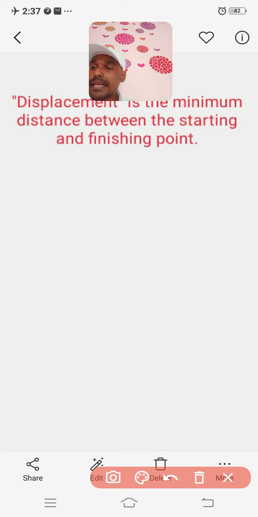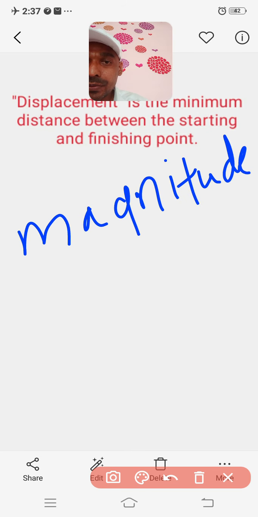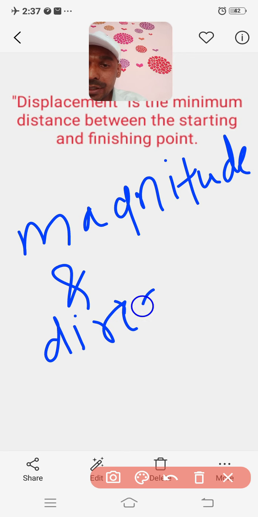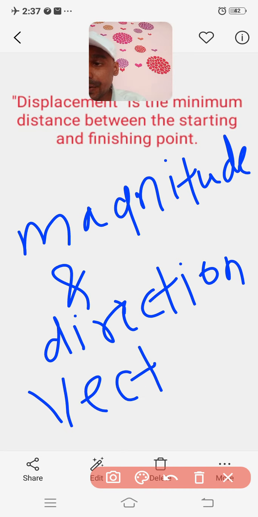Displacement has magnitude and direction. Therefore, displacement is a vector quantity.